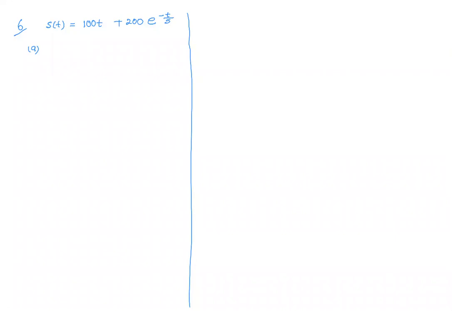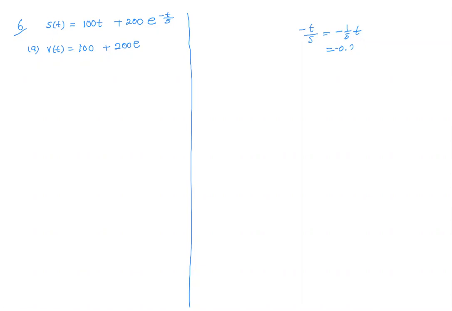Okay, so you differentiate. Use simple rule, you get 100. Then for e, you copy down the whole thing. Look, if next time you have negative t over 5, you view it as negative 1 over 5t. Or if you want to make your life a bit easier, you can change this to decimal, negative 0.2.